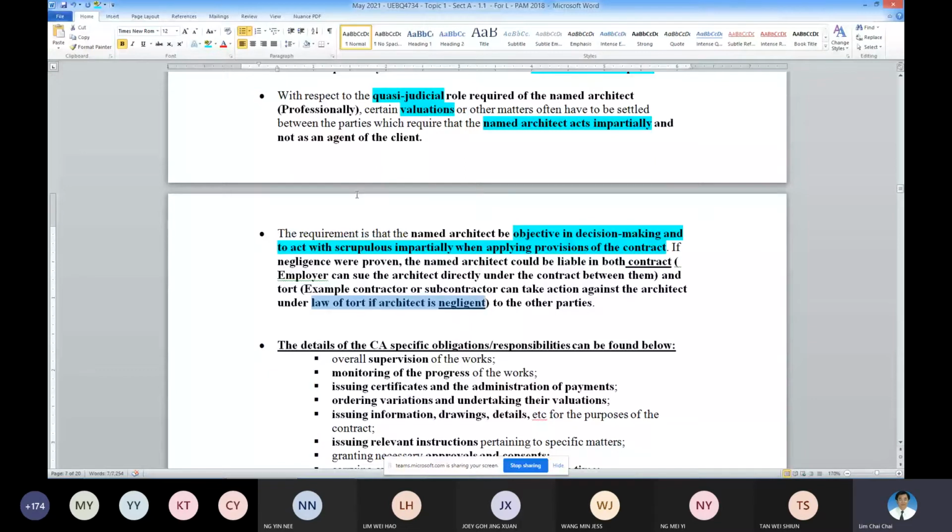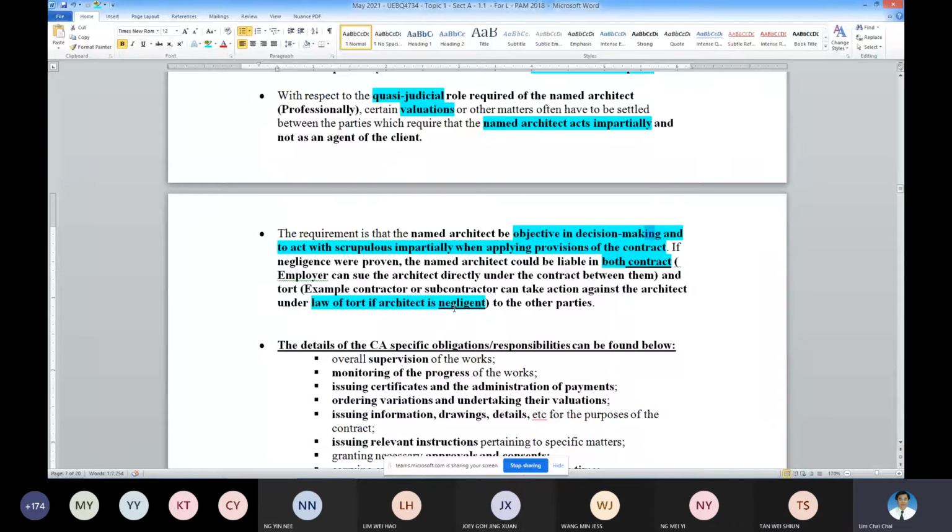Okay, so in both liable, in both contract and tort. Okay, so contract, it means the employer can sue the architect, and then the contractor can sue the architect if architect acted negligently. So architect can be liable. So this is the general obligation.